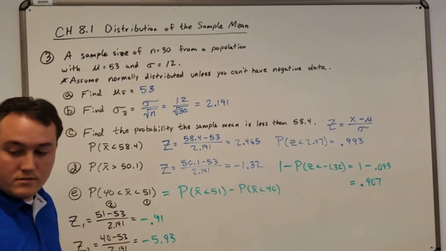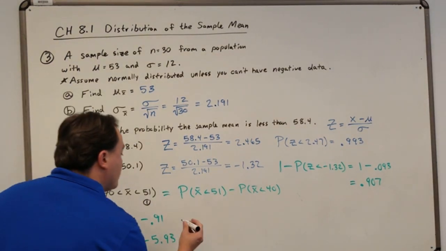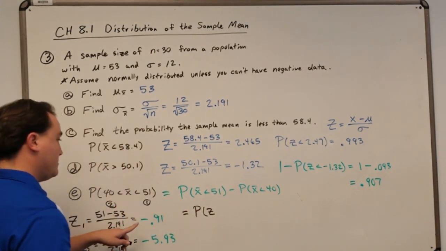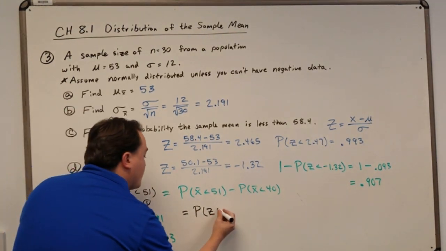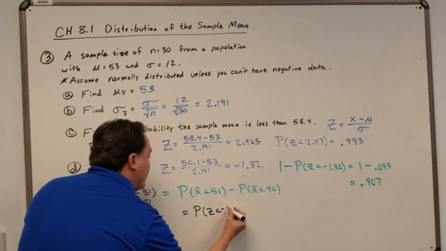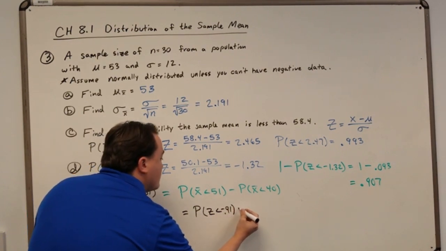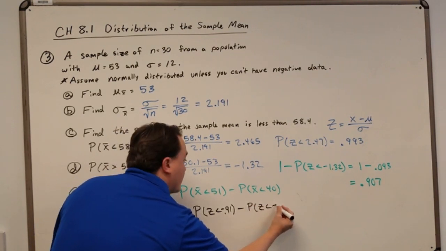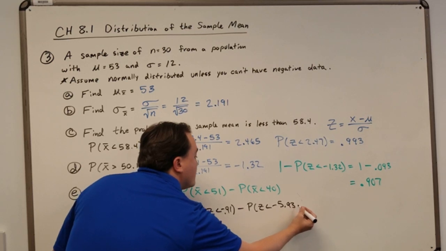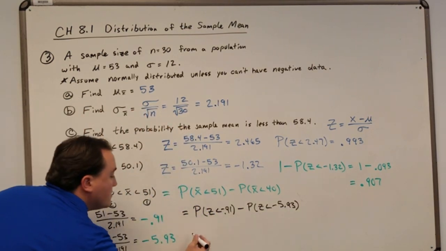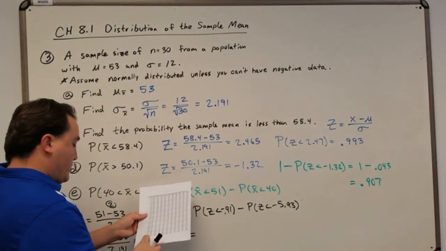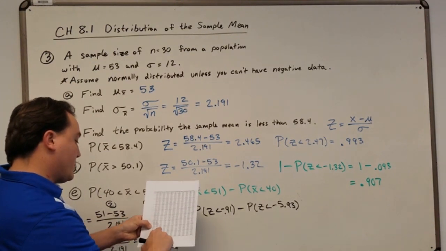So we have the probability that z is less than negative 0.91 minus the probability that z is less than negative 5.93 equals negative 0.91 on our table is 0.181.